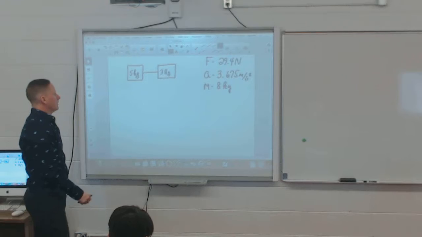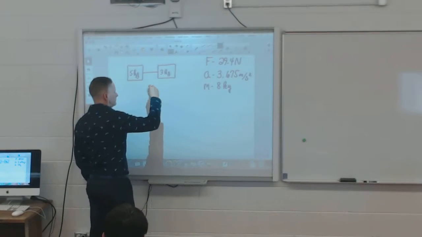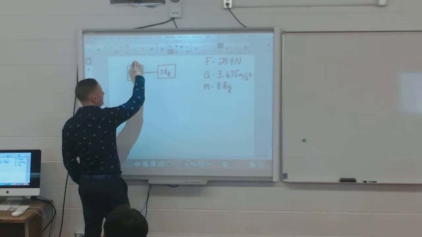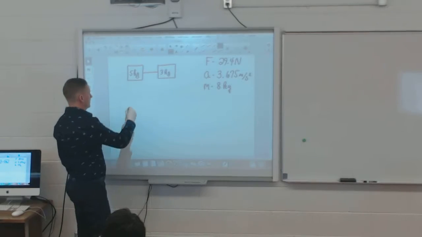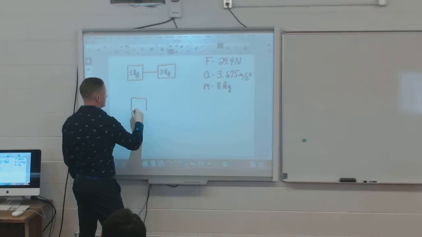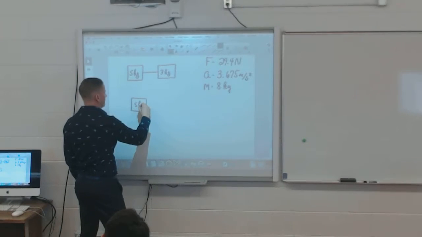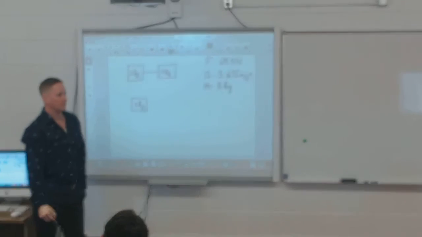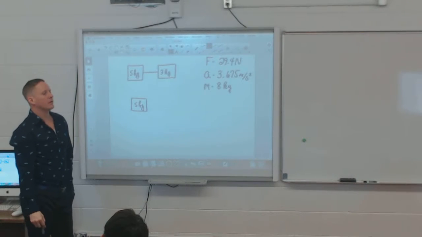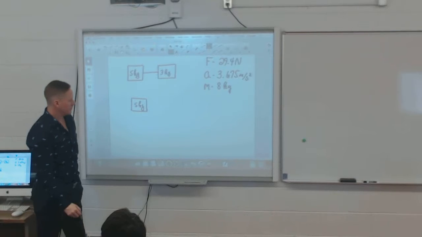Now what I want to do is find the net forces on the 5 kilogram. So tell me all of the forces that are working on the 5 kg right now. No, not force applied. Tension.